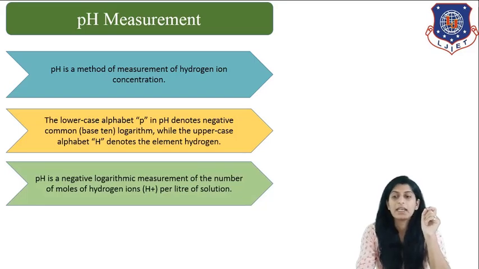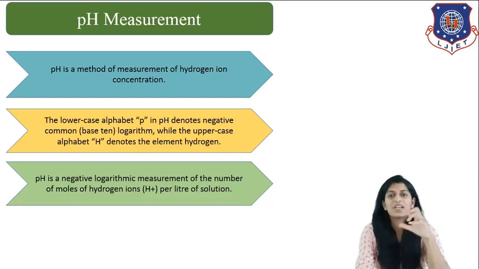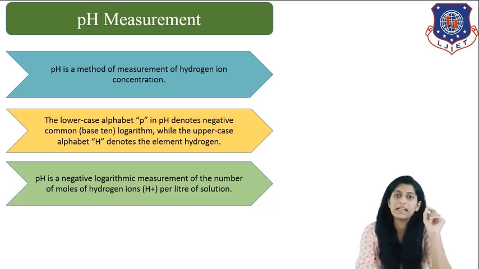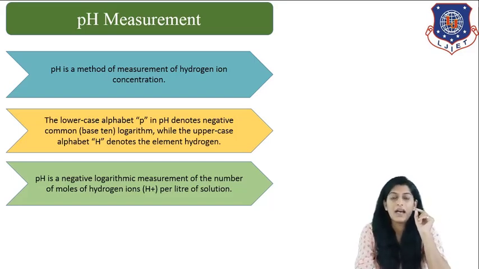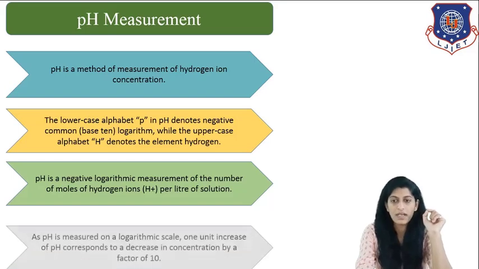So basically pH is the negative logarithm measurement of the number of moles of hydrogen ion present in our solution. By measuring the pH we are determining the concentration of H plus ion in our solution, correct?